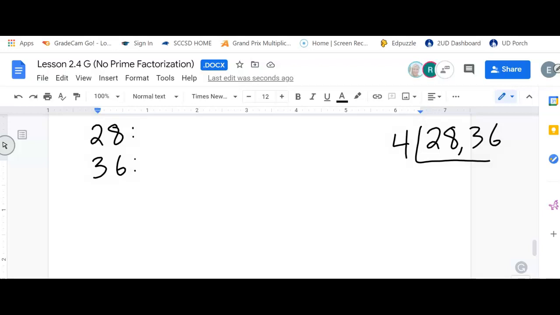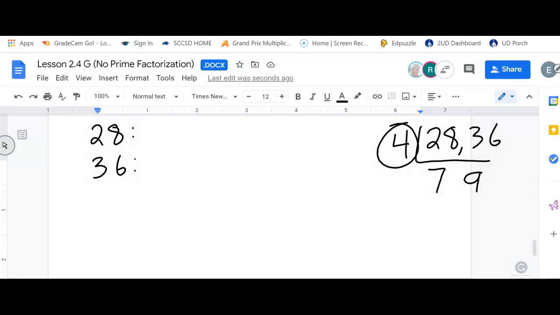What is 28 divided by 4? Chris. 7. What is 36 divided by 4? Megan. 9. Can I divide anything else out of 7 and 9 other than 1? No, I cannot. So what is the greatest common factor of 28 and 36? Colin. 4. So it's on the left-hand side.